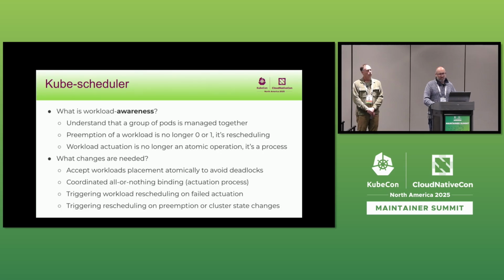Whenever this actuation process fails, it has to trigger workload rescheduling. So it needs to consider the conditions that led to the failure, and rescheduling should produce a new plan which is supposed to succeed. Rescheduling can also be triggered in case of preemption or cluster state changes, in particular hardware failure.